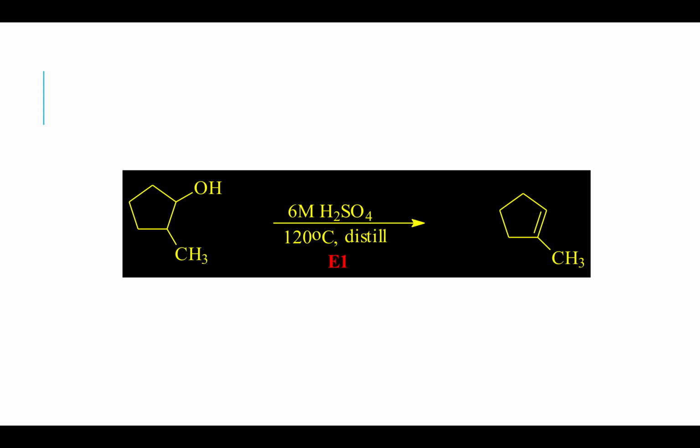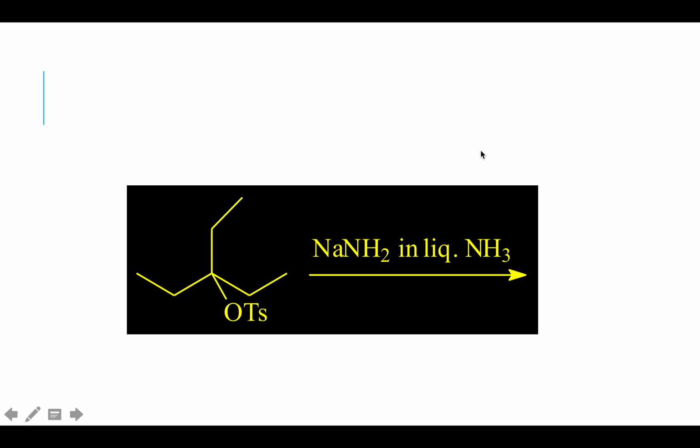So yes, an E1 reaction happens. We get rid of this, it turns into an alkene, and again, we form the Zaitsev product. So instead of taking a proton here, we take a proton here to form a tertiary alkene rather than a secondary alkene.